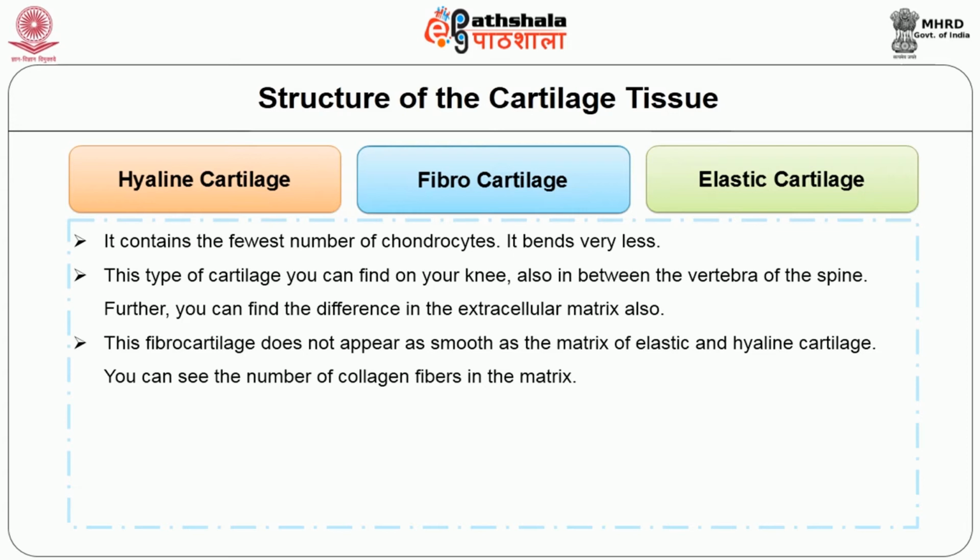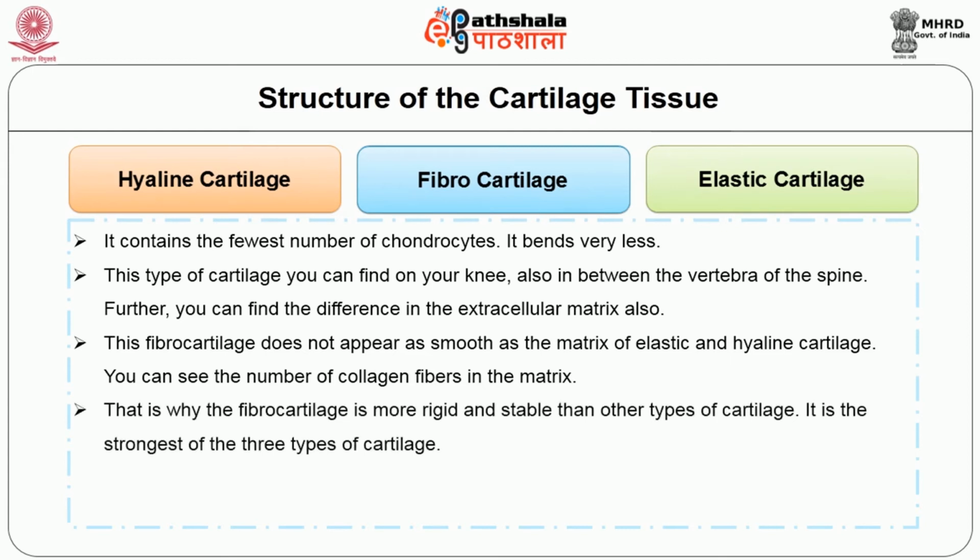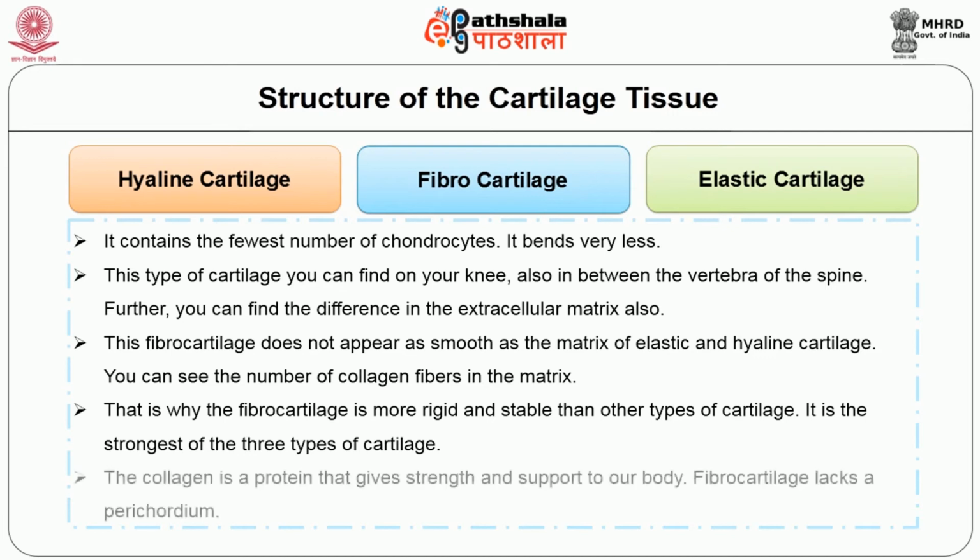You can see the number of collagen fibers in the matrix. That is why fibrocartilage is more rigid and stable than other types of cartilage. It is the strongest of the three types. Collagen is a protein that gives strength and support to our body. Fibrocartilage lacks perichondrium.